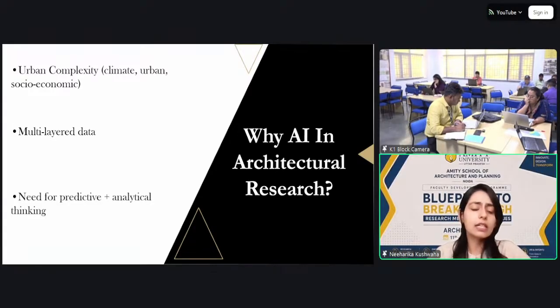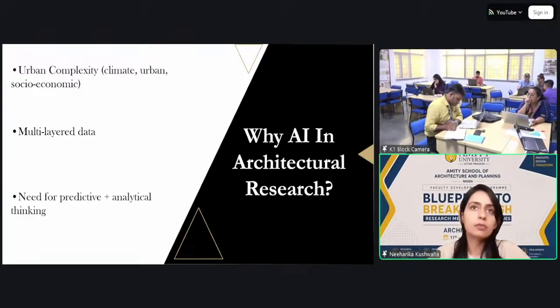And lastly is the need for predictive and analytical thinking. As I said earlier, research is moving far from description towards more of forecasting, optimization, scenario simulation. And that's where architecture becomes more interdisciplinary. It's not just architecture.